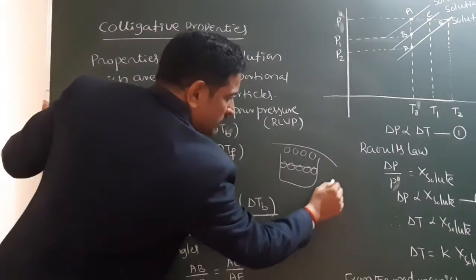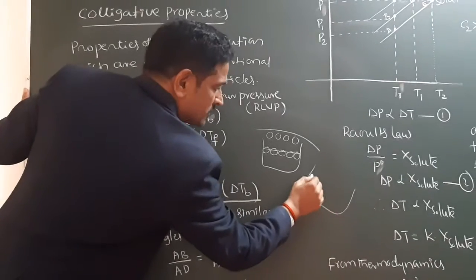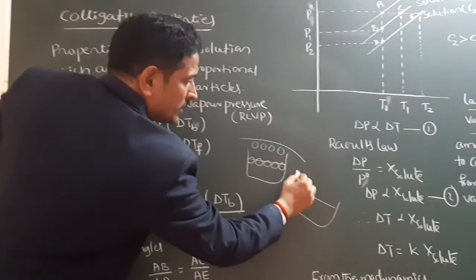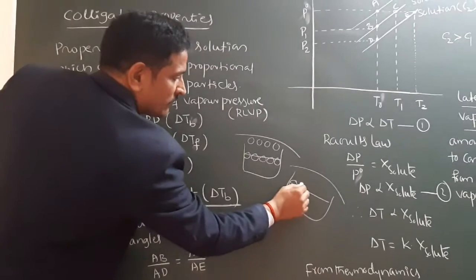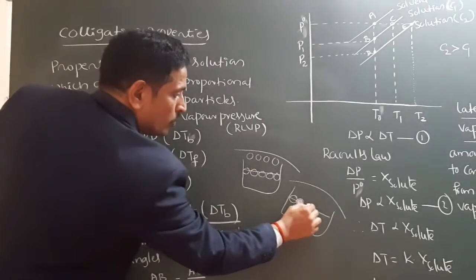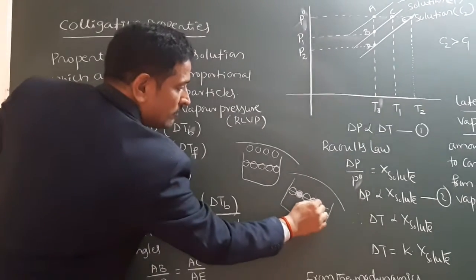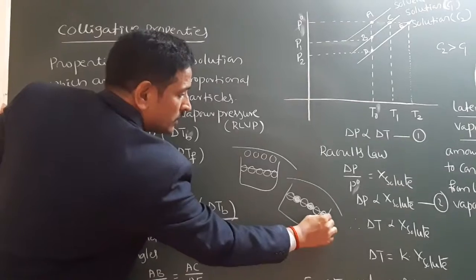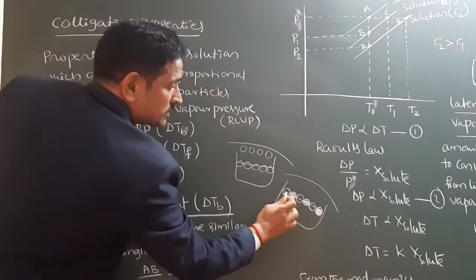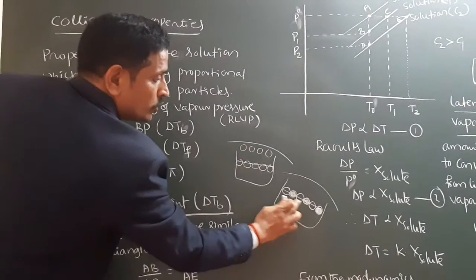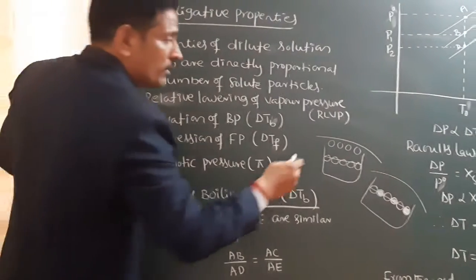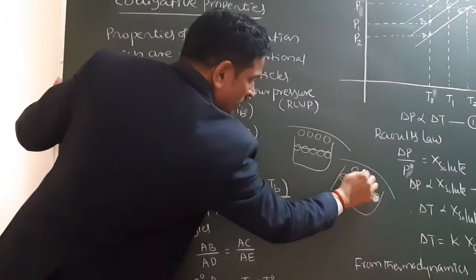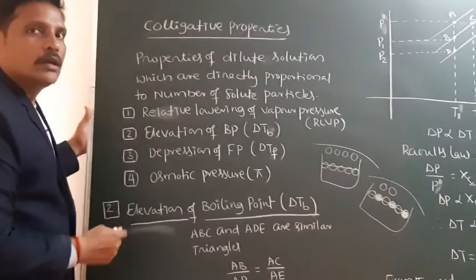If in the same capacity container I take the same solvent, but a non-volatile solute is added to it, the surface is occupied by both solute and solvent particles. Remember that only solvent particles are vaporizable, but solute particles are non-vaporizable in nature. Hence, very few molecules are converted into the vapor phase.